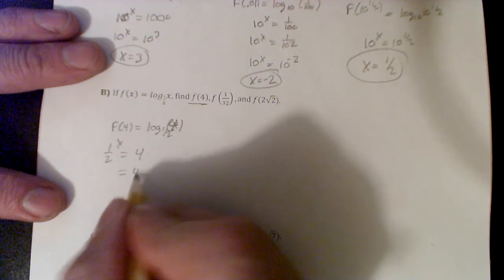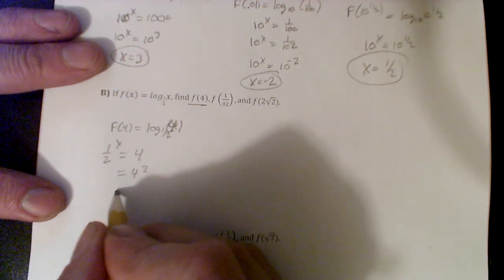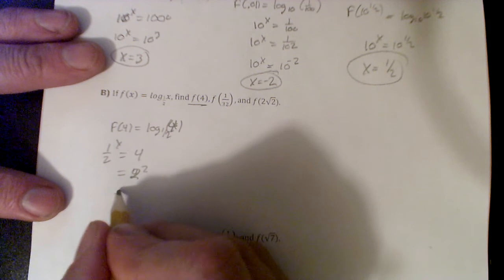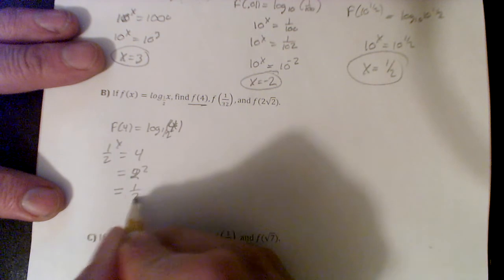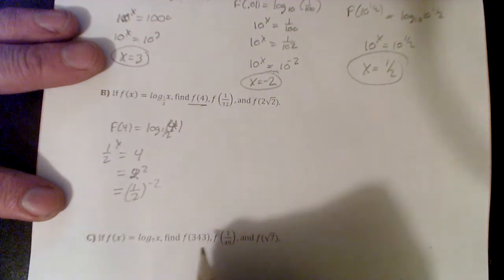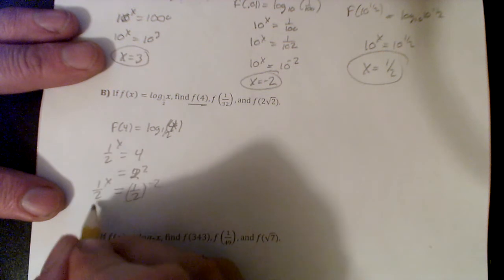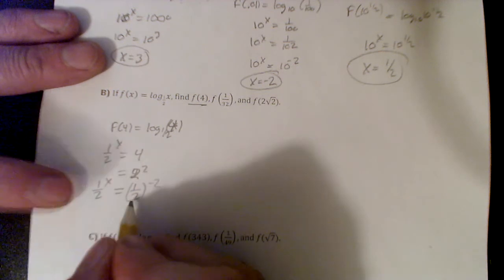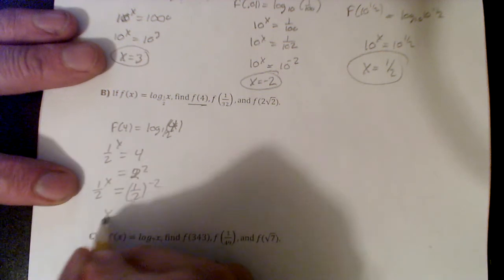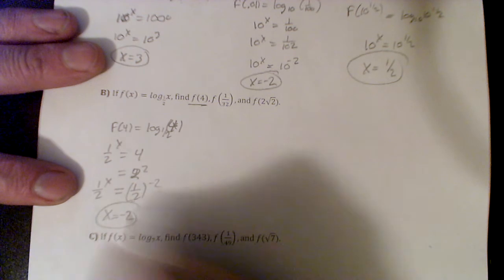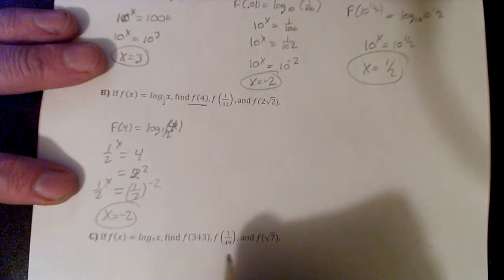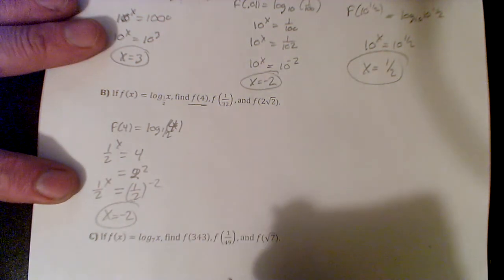Well, I could write that 4 as 2 squared, and I can flip it over upside down. I could say 1/2 to the negative 2 power. So 1/2 to the x power is the same as 1/2 to the negative 2 power. I've got these common bases, and now we can see x equals negative 2. Our goal is just to make the right look like the left.